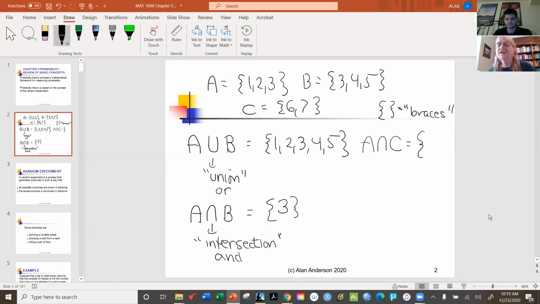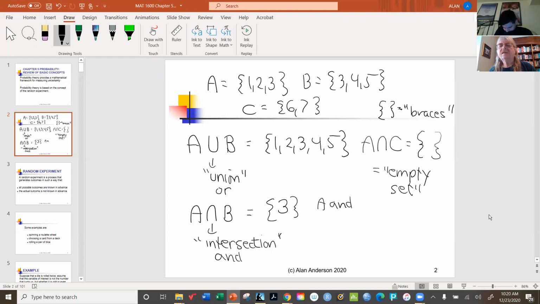What elements do A and C have in common? The answer is none. So what do we do now? We have the so-called empty set. This is a set that contains no elements. And we have a special name for this situation.